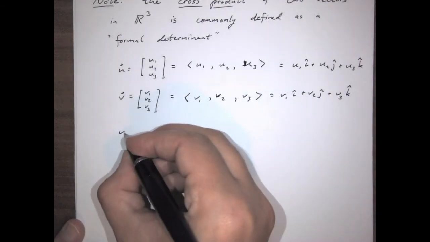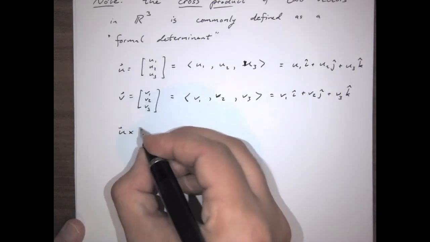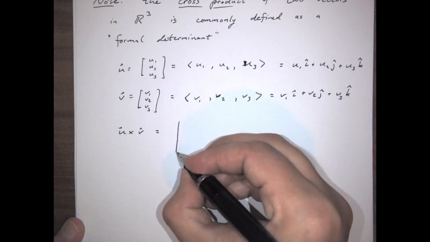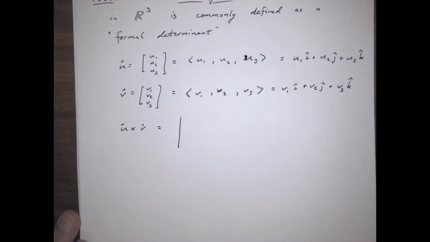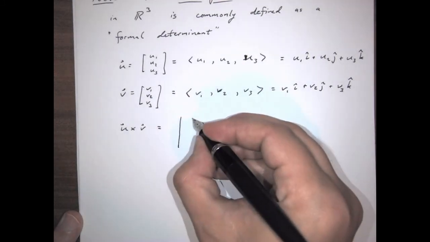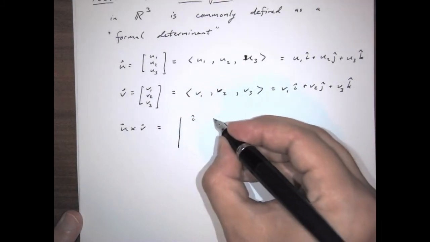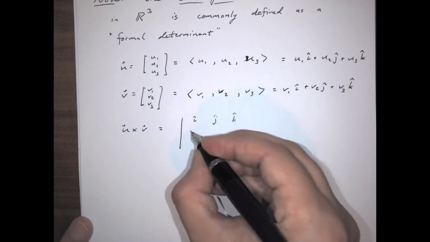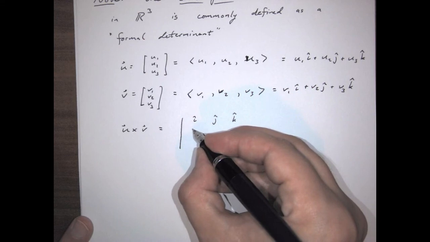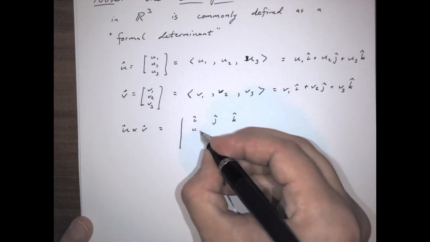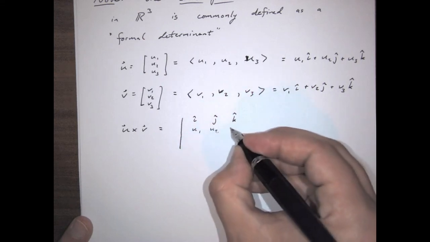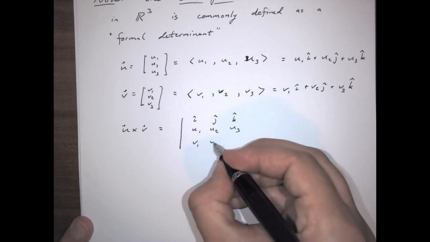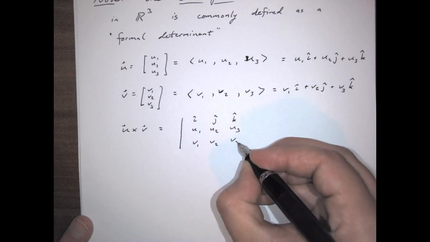Then u cross v is equal to the vector that you get when you make the formal determinant that has i, j, and k in the first row, and then for the second row you put in the entries of u, u1, u2, u3, and then v1, v2, and v3.